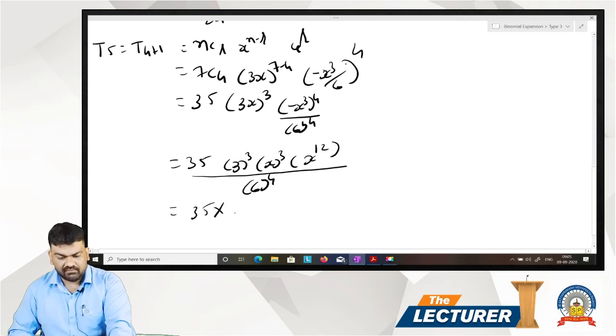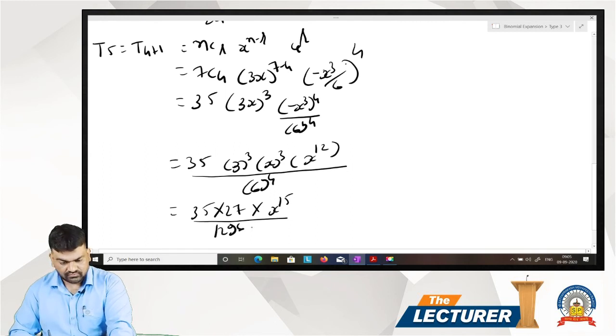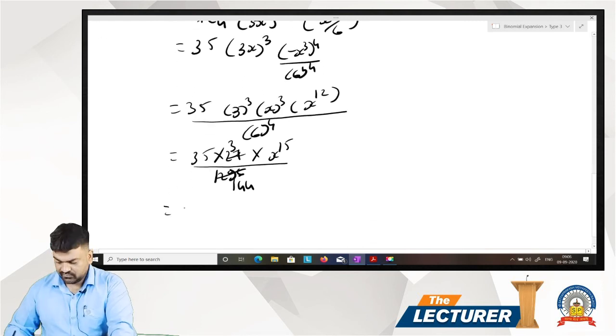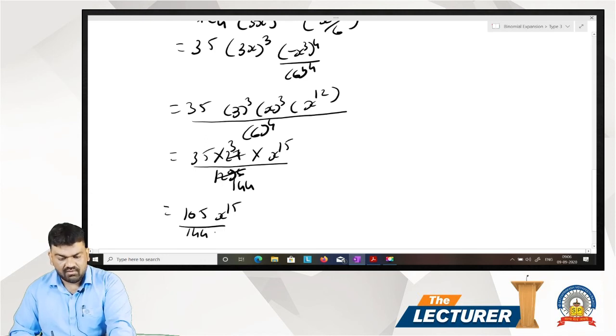So 35 multiplied by 3 cube, 27, multiplied by x raised to 15 divided by 6 raised to 4, that is 1296. 1296 divided by 9 is 144. 27 divided by 9 is 3. 3 multiplied by 35, sorry, not 135, 105, x raised to 15 divided by 144.